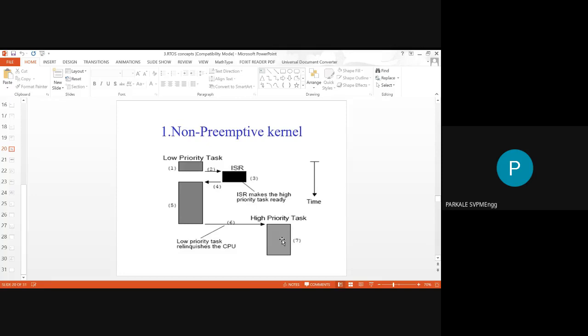But in this case, if the high priority task has to wait till the low priority task completes its work, then there is no meaning in having a priority greater than the low task. So we move to the next type, called a preemptive type of scheduling algorithm. Here your higher priority task has more importance than the low priority task.